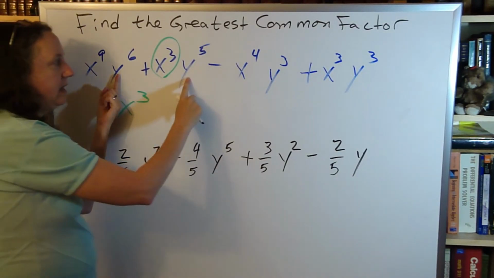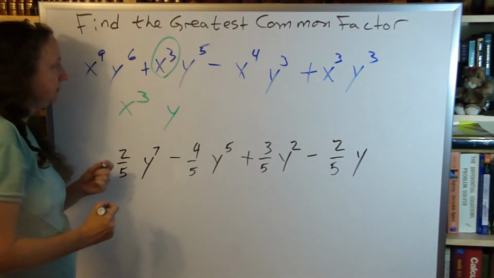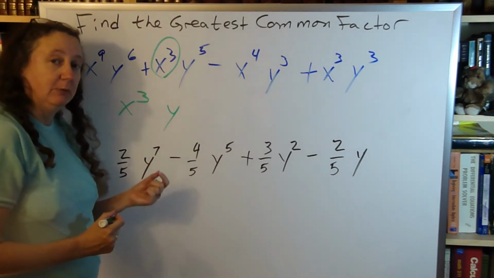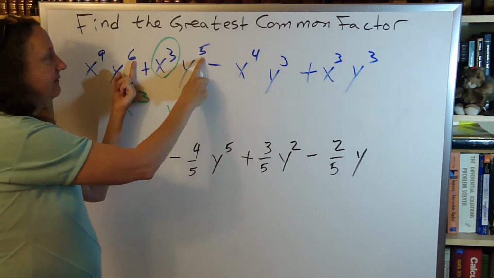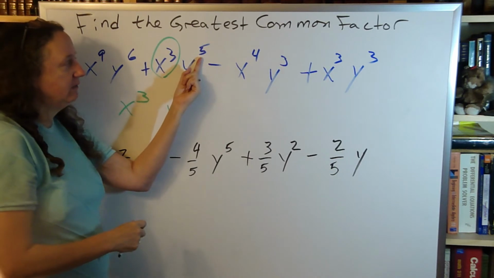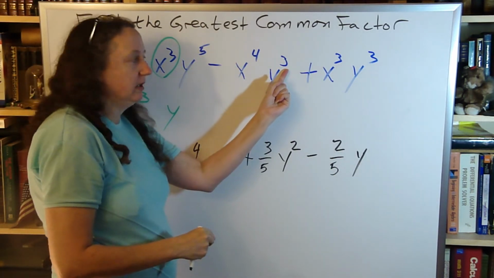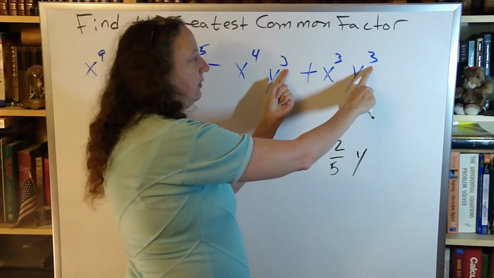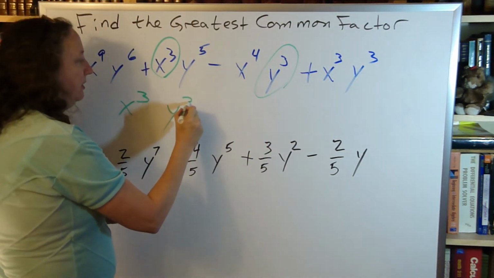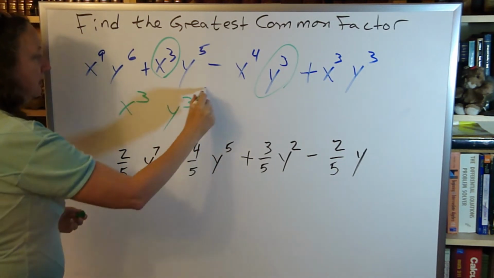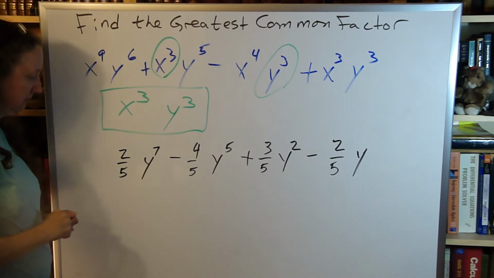I have a y in each of these, so I'm going to have a y. Again, I'm looking for my smallest exponent, a 6 and a 5. Well, the 5 is winning so far. 5 compared to 3, the 3 is winning. 3 compared to 3, it's the same thing. My exponent is 3. And there's my answer.